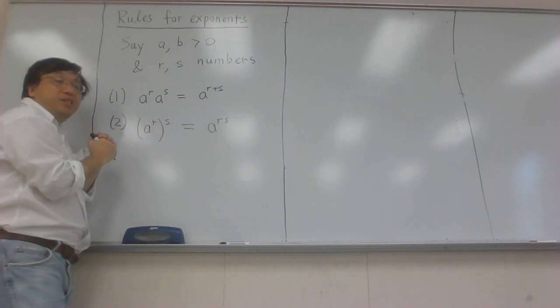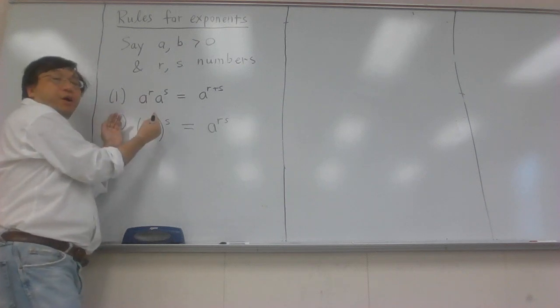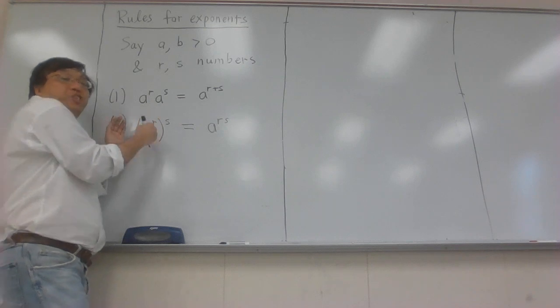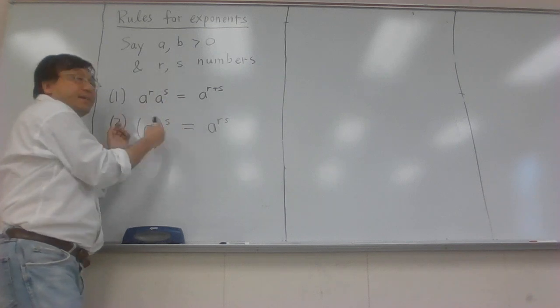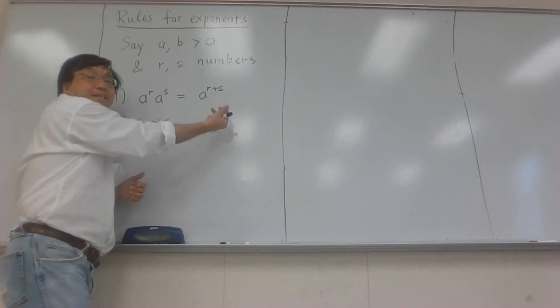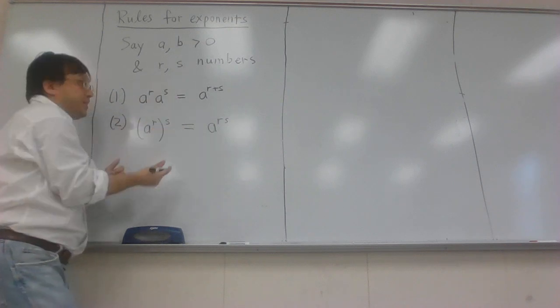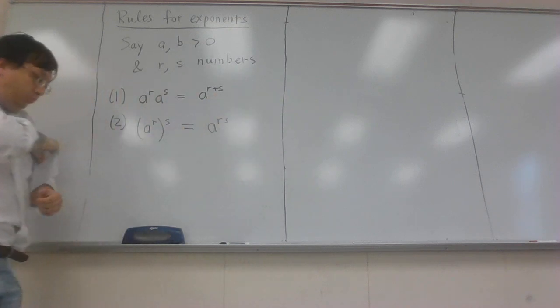If you exponentiate by r, and then you exponentiate again by s, that's the same as exponentiating the original thing by r times s.